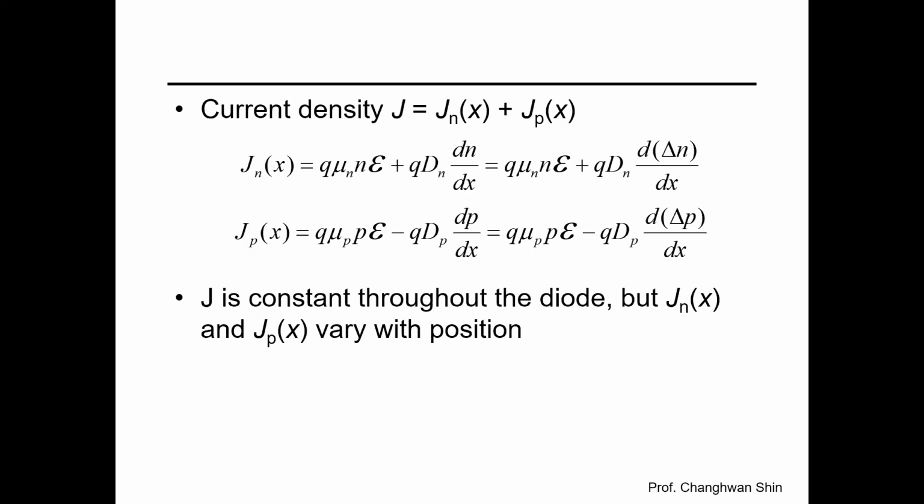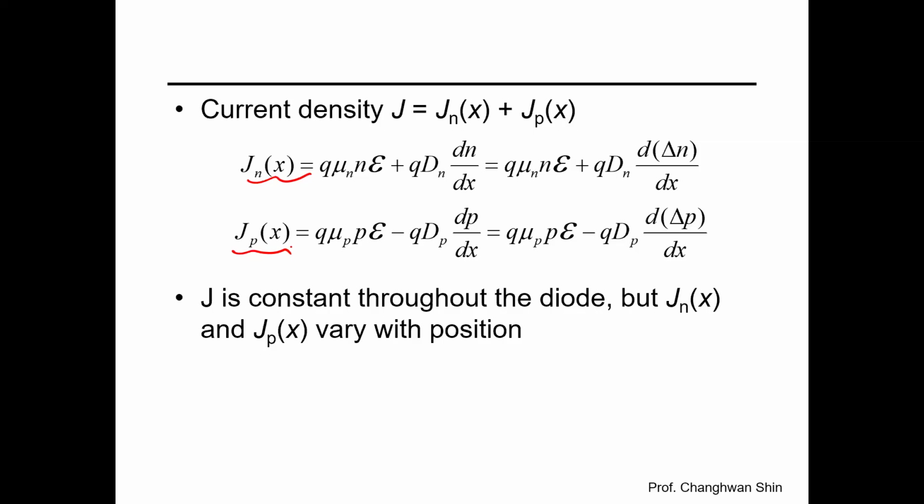Okay. So now let's take a look at the current density equations. Let's look more closely at how we mathematically describe the current flow through a diode. The total current density J is the sum of two components, the electron current density J sub n of x and the hole current density J sub p of x.